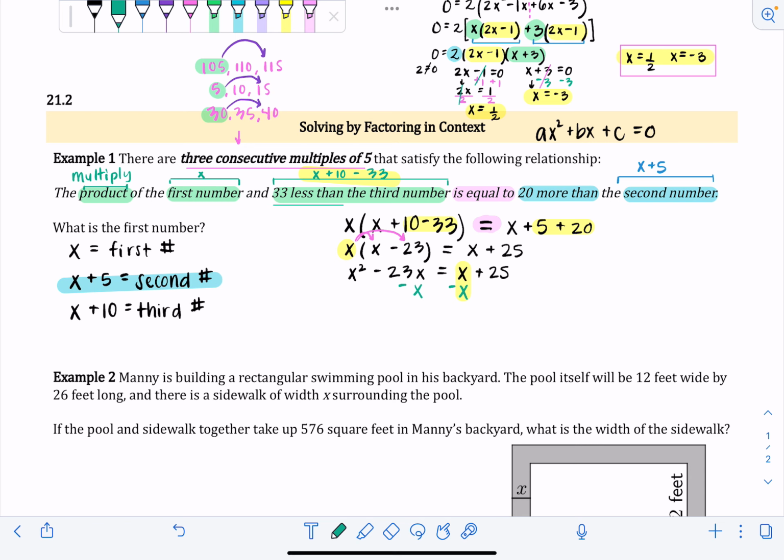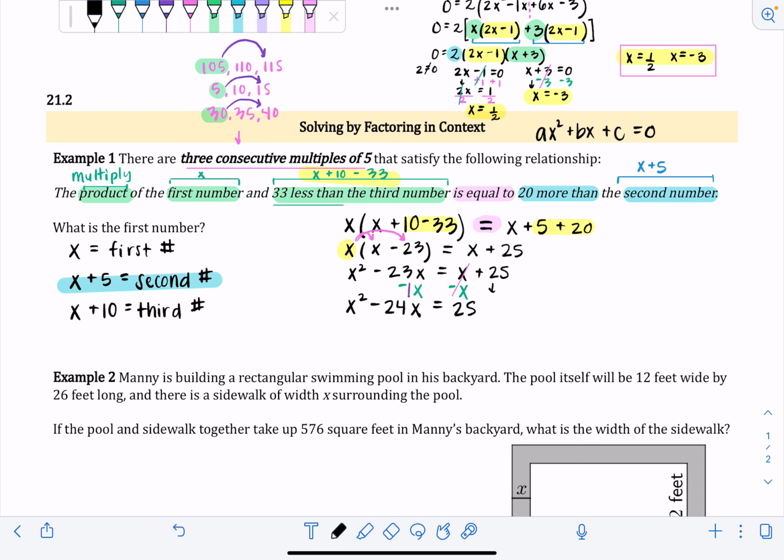There's another term with an x there, so I'm going to line it up, because those both have the same variable with the same exponent, so they're like terms. So I would do x squared, and then this is a negative 23x minus 1x. So if I start at negative 23 and I go down one more, it would bring me to negative 24x. And then the equal sign, and x minus x cancels out, which is what we were trying to do. So this is 0. And then I need to bring down my 25.